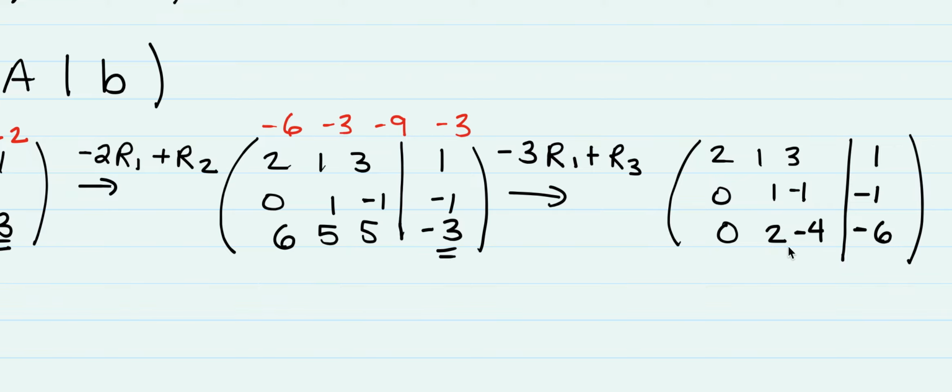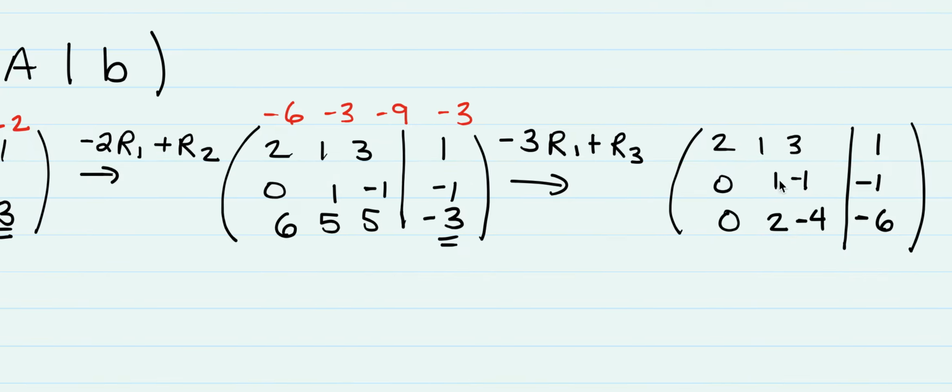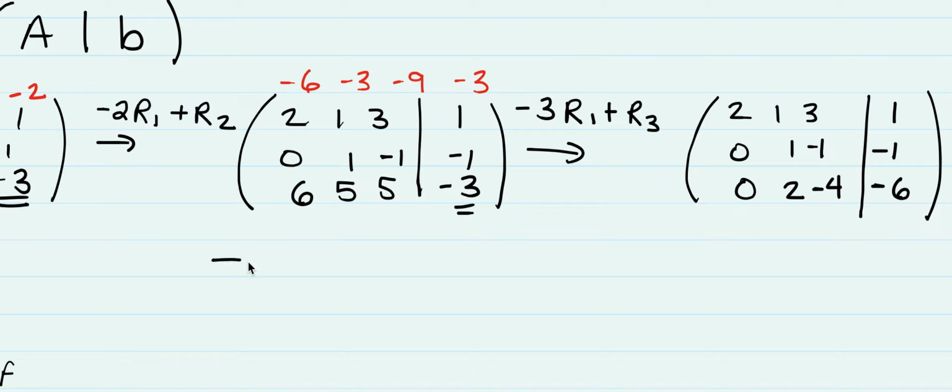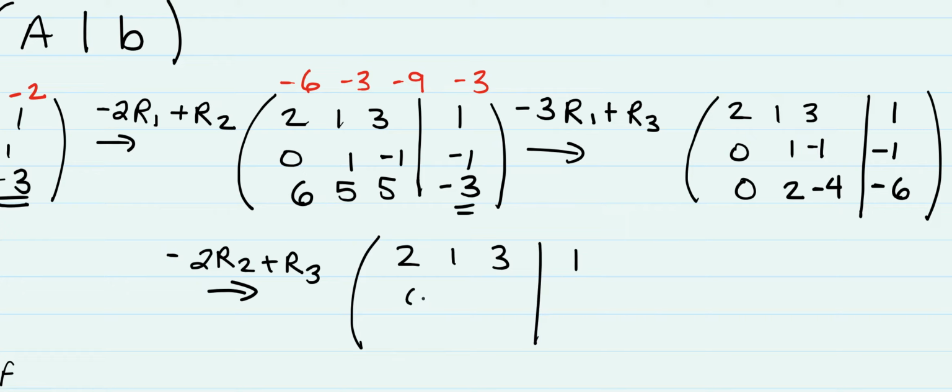Now let's get rid of this guy here. So we can multiply the second row by a -2 and add it to this one. Okay, I'm going to just put it down here. So I'm going to take -2 times row 2, and I'm going to add it to row 3. Move this down a little bit. So what do we get? 2, 1, 3, 1, 0, 1, -1, -1, 0.